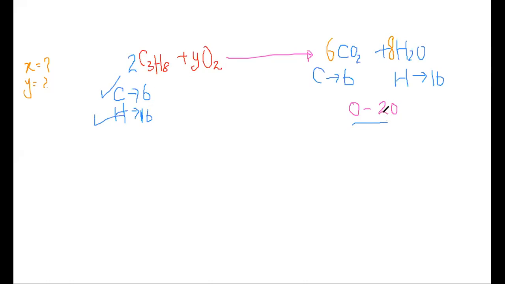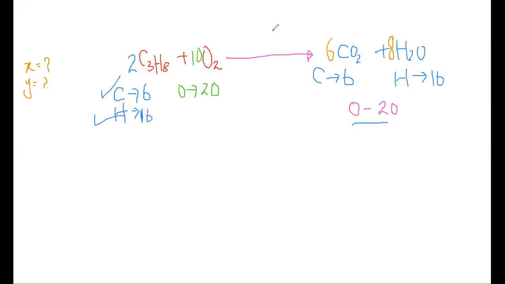So if it's 20, then oxygen should be here how much? Very easy one. Can someone tell? 10. If it's 12, 20, then it should be 10. Now if you look at this oxygen, 10 into 2, here 20 oxygen, here 20 oxygen.